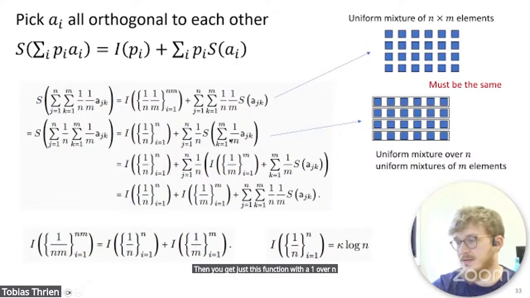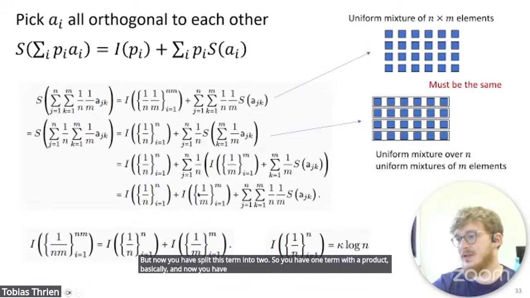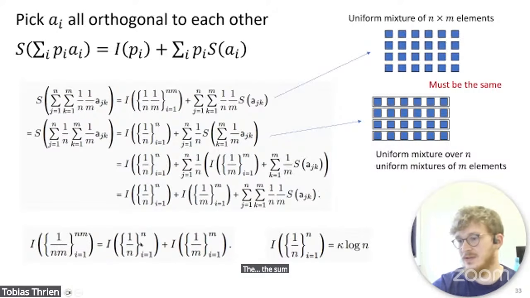And then here you have to use the same expansion again. You write that out, so you end up here with, again, the average entropy, but now you have split this term into two. So here you had one term with a product basically, and now you have the sum with the individual fractions.